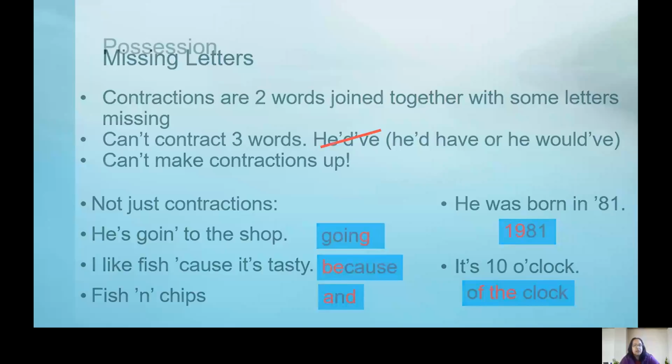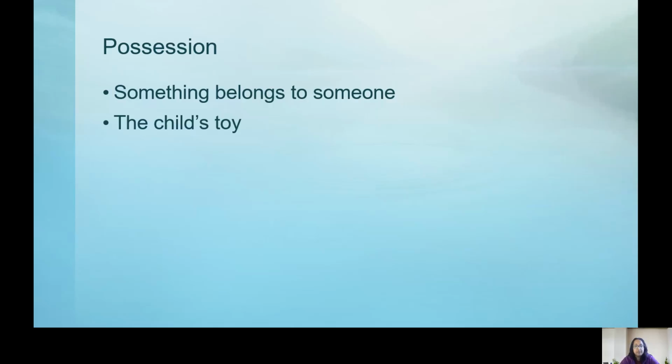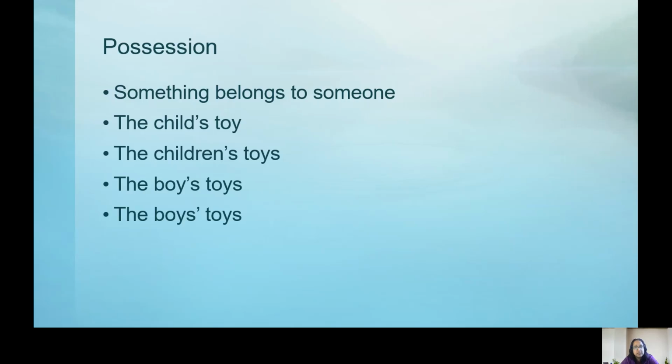So we use apostrophes to show possession. So that is when something belongs to someone. For example, the child's toy, the toy belonging to a child, or the children's toys, the toys belonging to a group of children. The boy's toys, the boys' toys. Now they sound exactly the same, don't they?